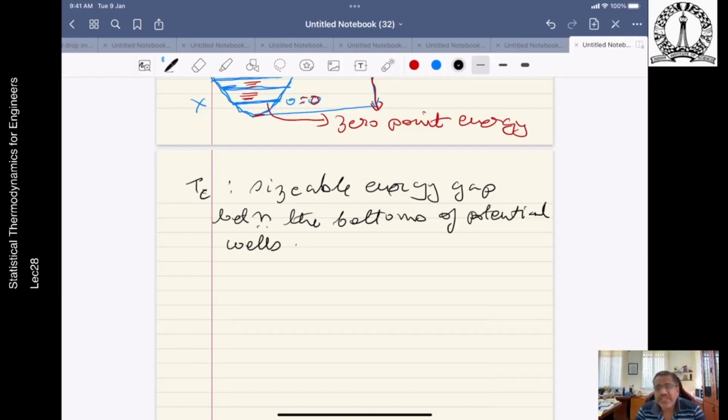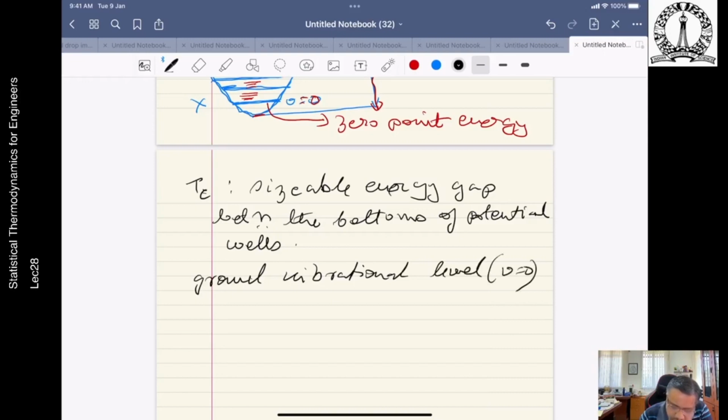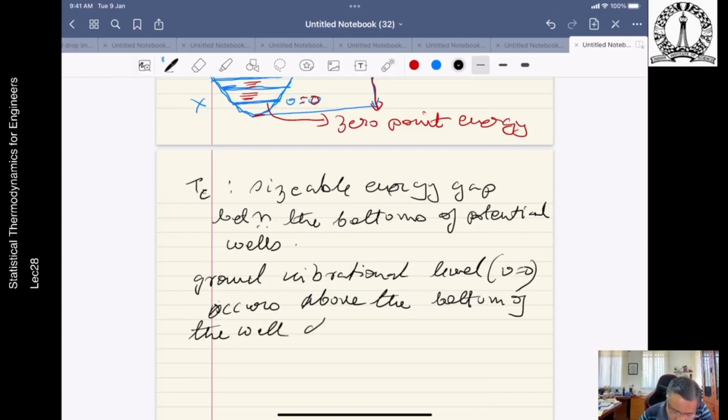The electronic energy is portrayed by the Morse potential. The ground vibrational level, V equal to 0, is actually a little elevated, occurs above the bottom of the well due to zero point energy.